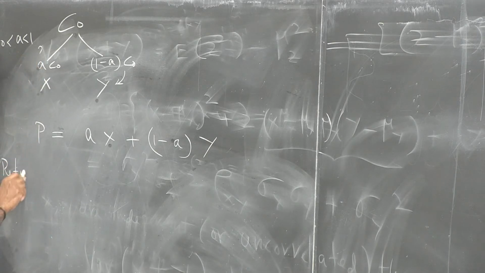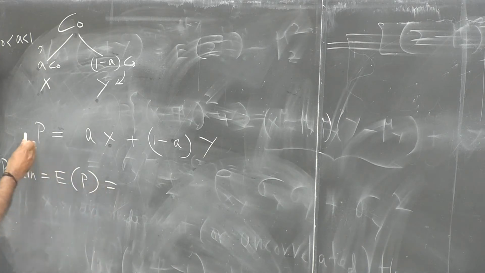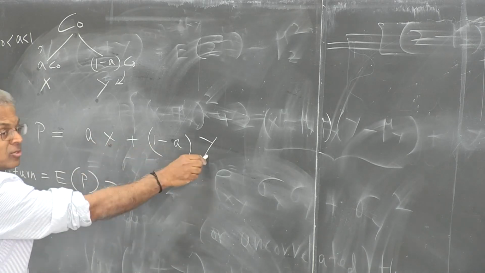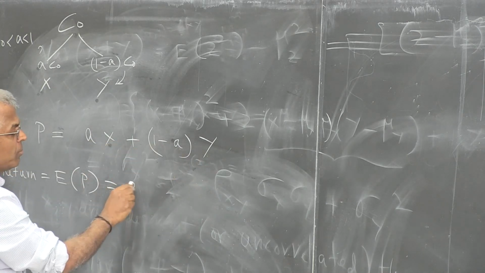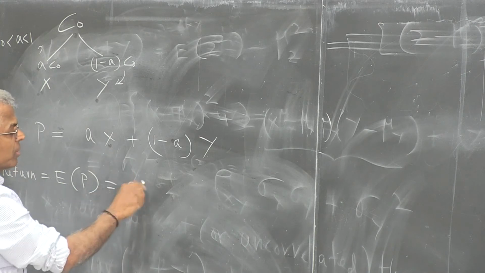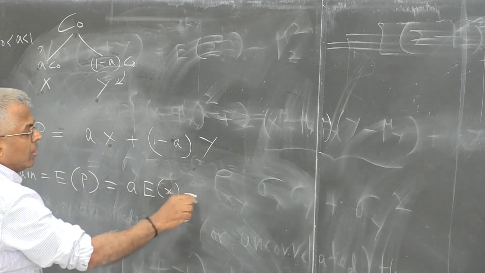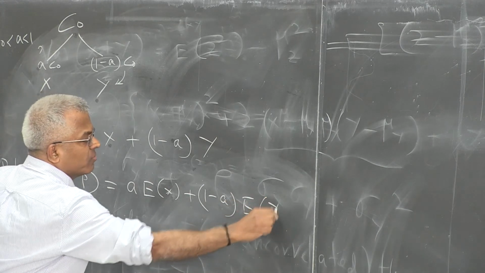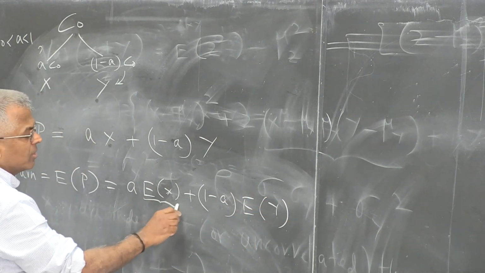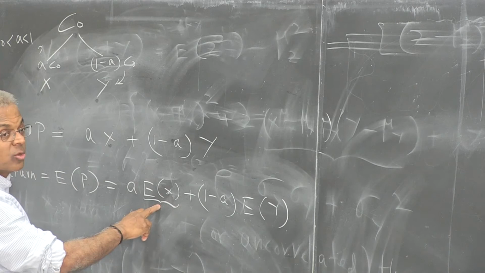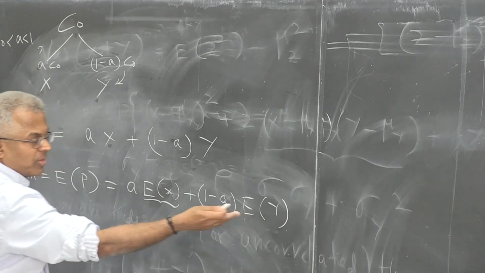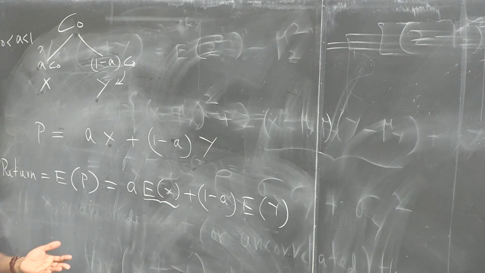So look at your return. Return is the expected value of the average return. Look here, it depends on the returns of this. So it is a multiplied by the expected value of X plus (1 minus a) multiplied by the expected value of Y. You may say Apple historically has been giving 10%, and the second one has been giving 8%.